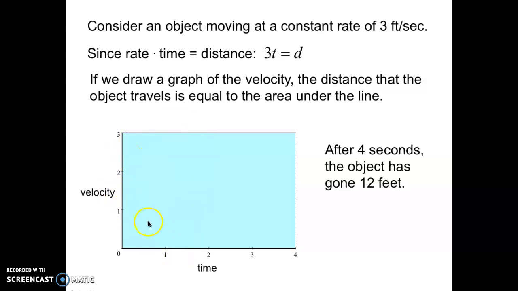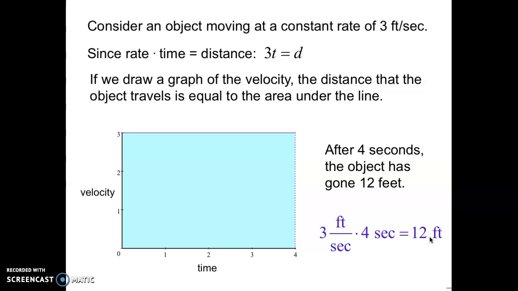The area of that region gives us the distance that I've traveled. Or in other words, it's telling me about the antiderivative. If we're looking at the derivative, which is a velocity, this area underneath the curve is telling me about the distance curve, which I can't see. So after 4 seconds, I know that the object has moved 12 feet, which makes sense because if I move 3 feet per second for 4 seconds, I've moved 12 feet.